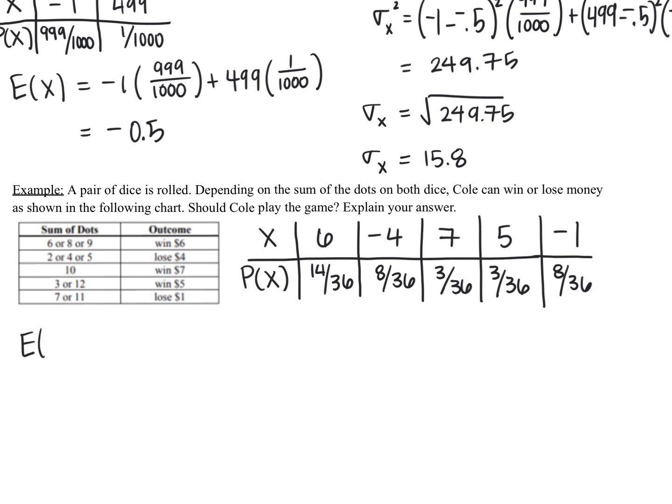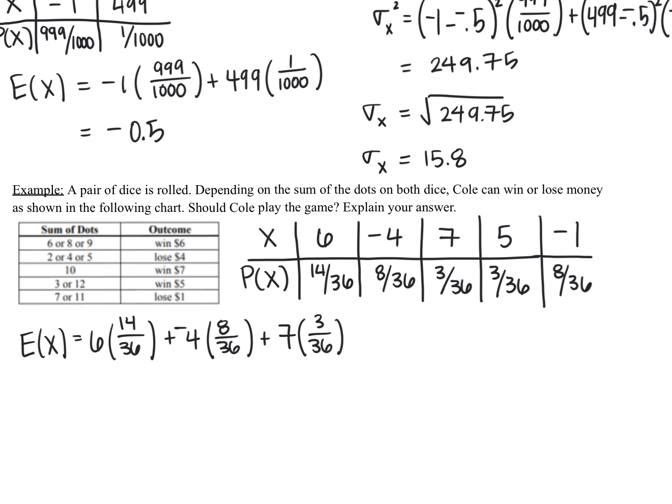So when it comes to calculating my expected value, I'm going to do 6 times 14 out of 36 plus negative 4 times 8 out of 36 plus 7 times 3 out of 36 plus 5 times 3 out of 36 plus negative 1 times 8 out of 36.